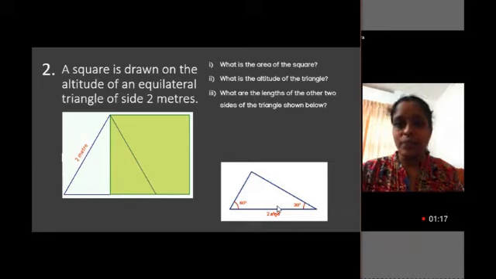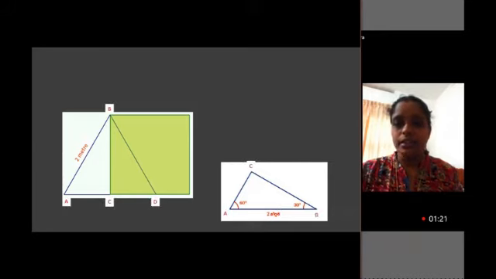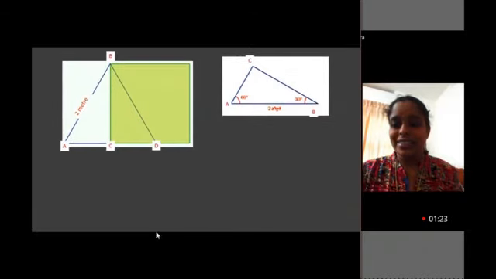For that, here ABD is the equilateral triangle, and here the length of AB is 2 meter.